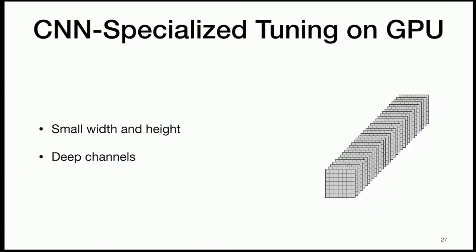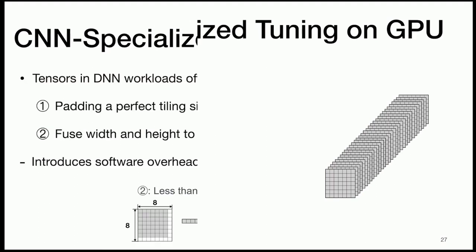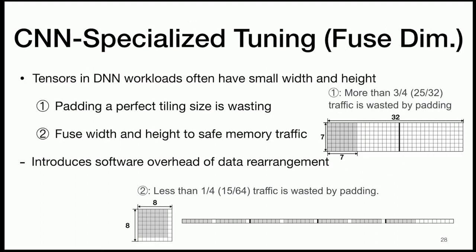On GPU, we also developed 2 strategies specialized for CNN layers. CNN layers often have very small width and height and very deep input channels. They both can benefit from specialized tuning strategies. We first specialize for small width and height. If it cannot be perfectly tiled, we need to pad it.